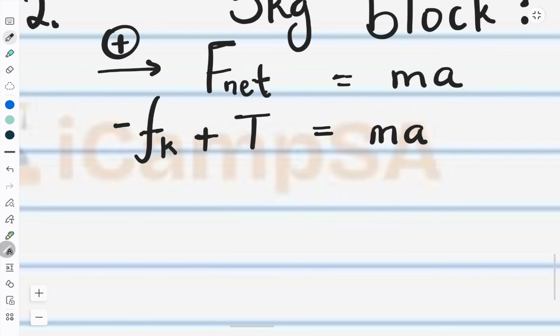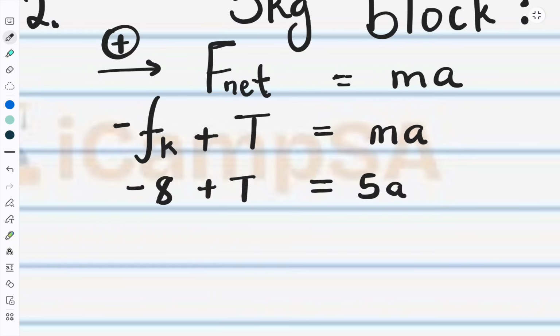From here I'm told that this is 8 plus T, and I'm told that this is a 5 kilogram block. So what am I trying to solve for? I'm trying to solve for tension.